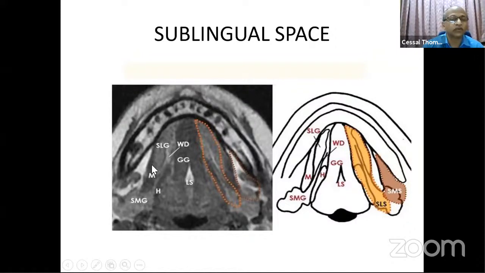This muscle forms part of the floor of mouth. This is the mylohyoid muscle. So genioglossus, hyoglossus, and the third muscle seen here is the mylohyoid muscle. Now you know where to look for the sublingual space, and this is the submandibular space.